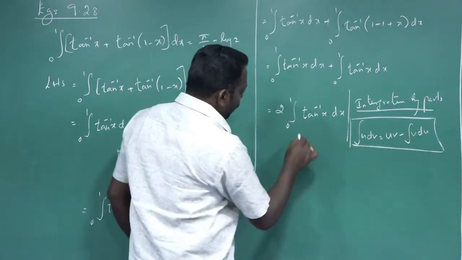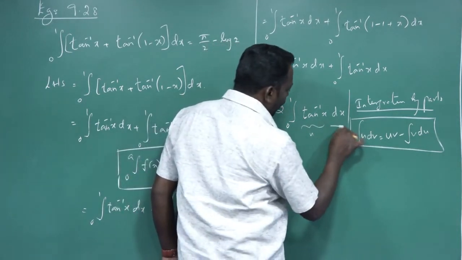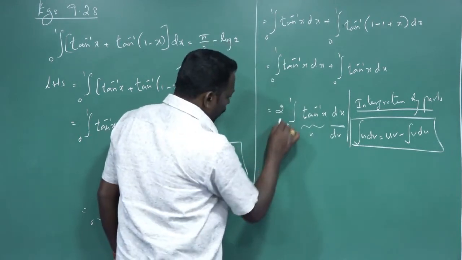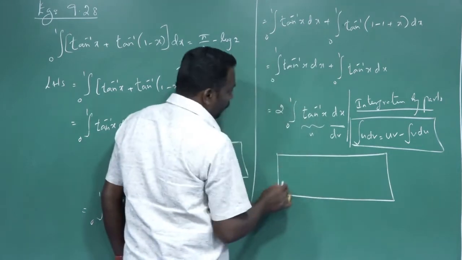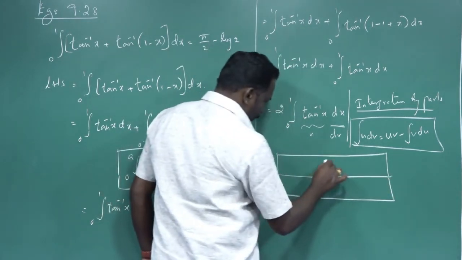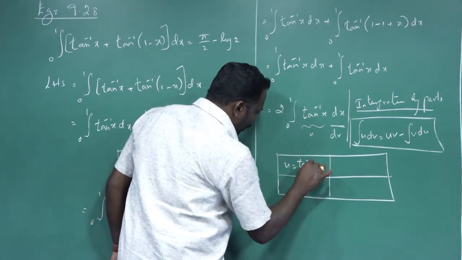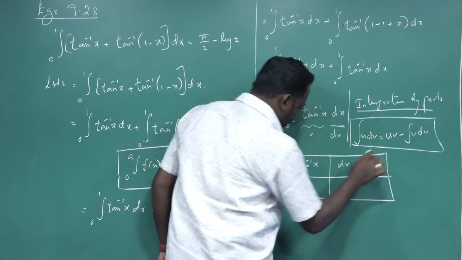Here we consider u as tan inverse of x and dv as dx. So u equals tan inverse of x, dv equals dx.